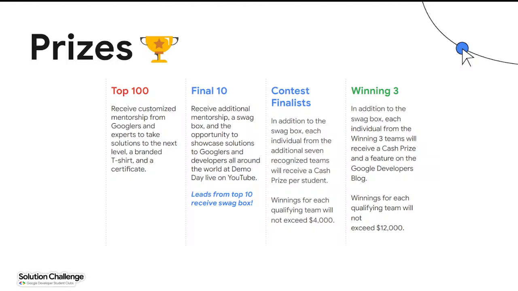People would be looking at your presentations, and if you're lucky enough to grab the spot, the winning 3, you'll get an amazing cash prize of around $12,000. So this is quite a jackpot. Let's hope some of the IITK peeps get there. So these are the things at stake.